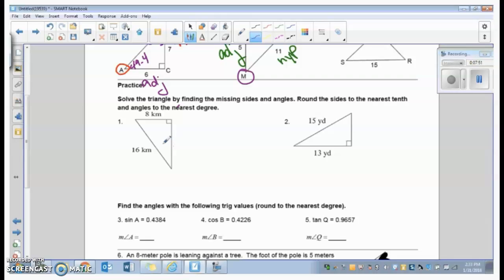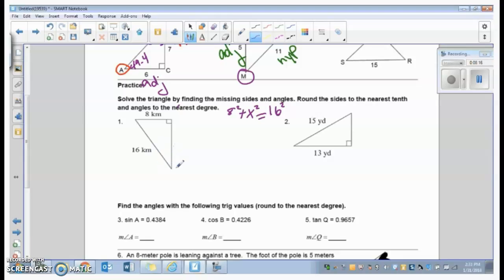In this case, we're going to practice both finding missing sides and finding missing angles, because we know that in triangles we can figure out all the sides and all the angles if you have just a few of each.